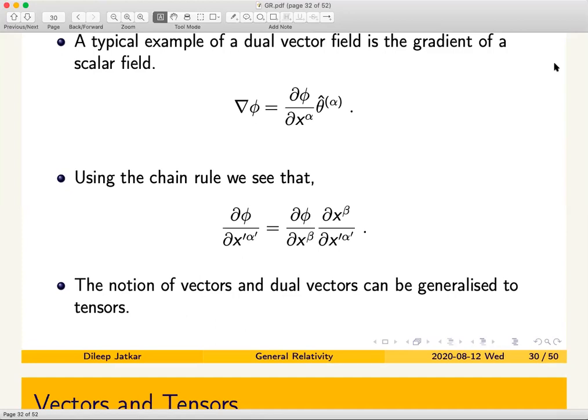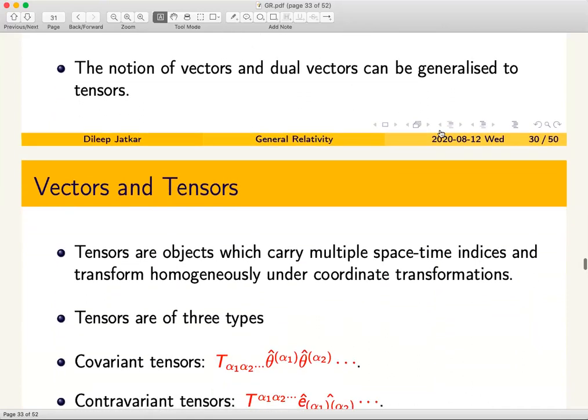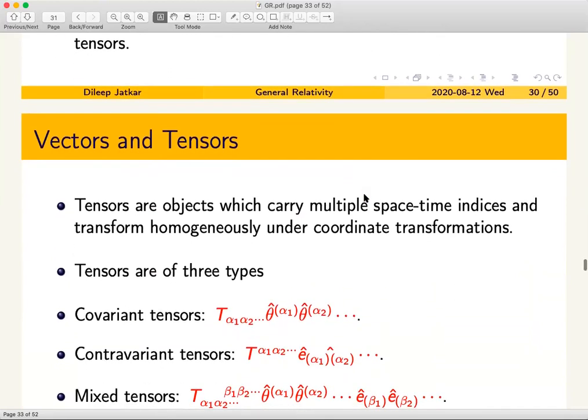One could have even called vectors tensors, and we will see in a moment, when we define tensors, how we could name vectors also as tensors. So a tensor is in some sense a generalized notion, and it's an object which carries multiple space-time indices. In addition, it transforms homogeneously under coordinate transformation.